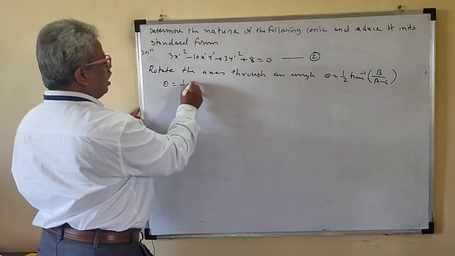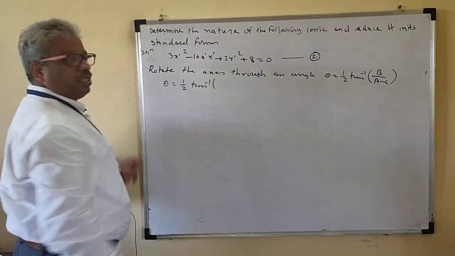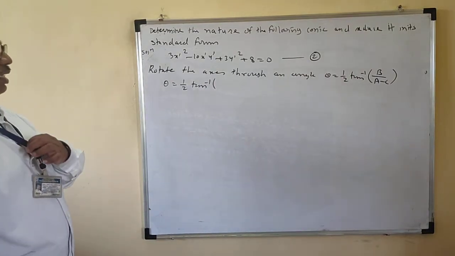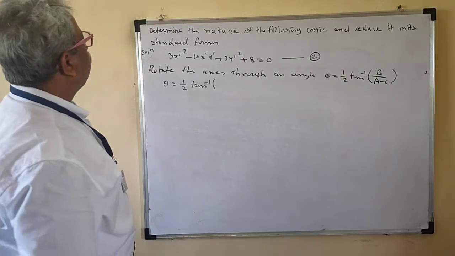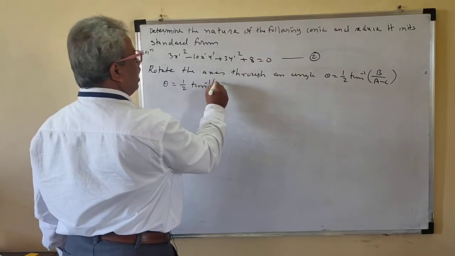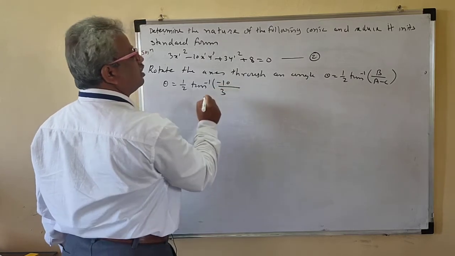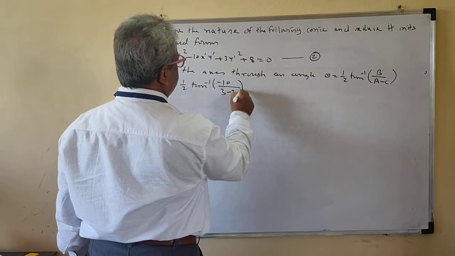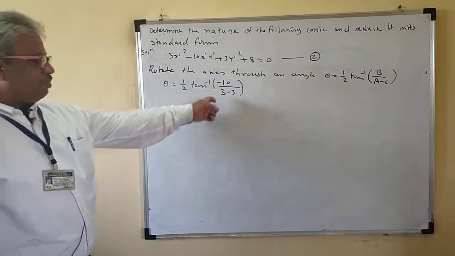Here b is minus 10, a is 3, and c is 3. So a minus c is 0.